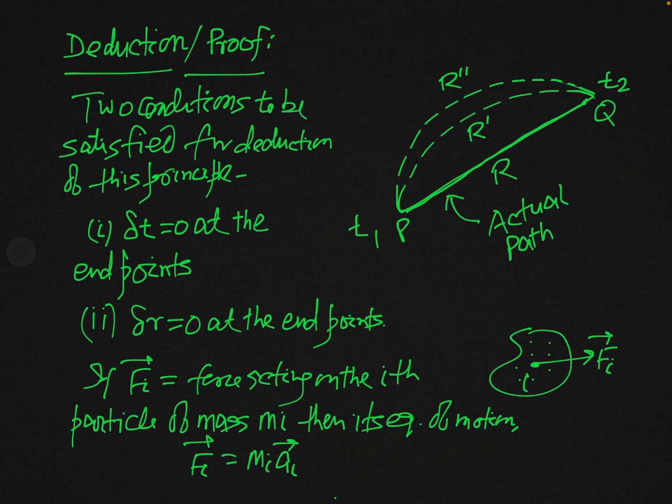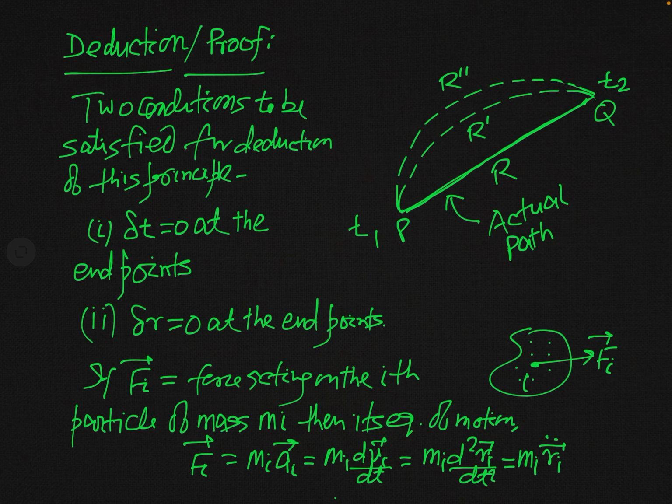Ai is the acceleration of the particle, and you know this Ai can be written as dvi/dt, where vi is the velocity of the ith particle, and we can equally write it as mi d2ri/dt², and in dot symbol you can write it as mi ri double dot. So this is the equation of motion of the ith particle.